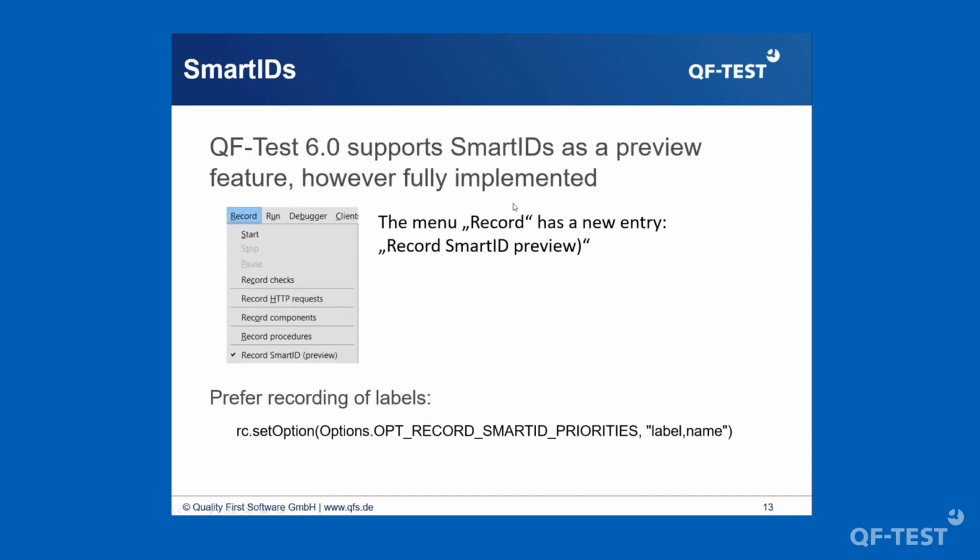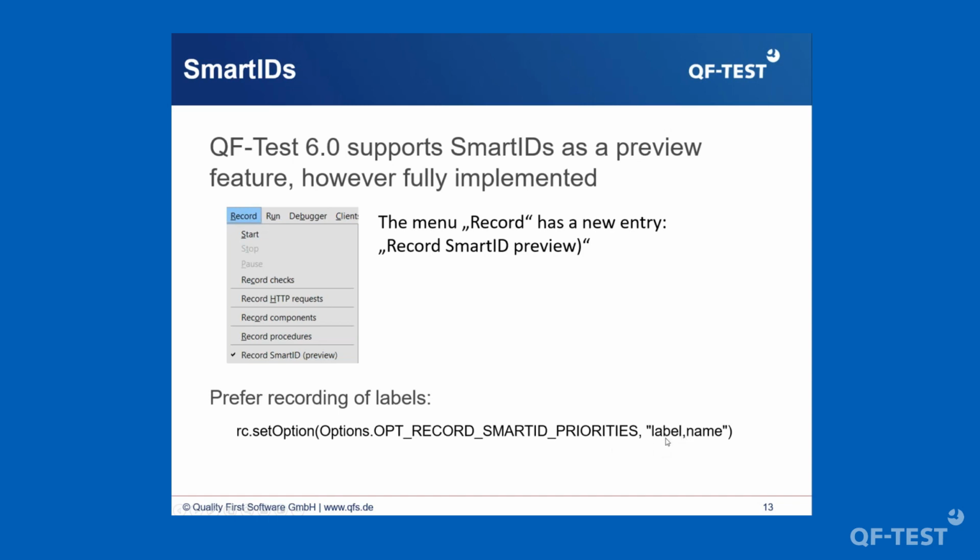Right, with QFTest 6.0, it comes as a preview feature, and in the record menu, you have an extra entry, record SmartIDs, and here's the option how to change the order in which QFTest looks for the components, also records them.